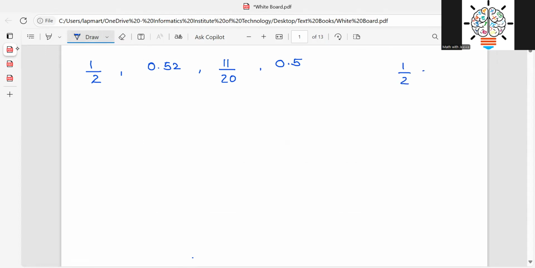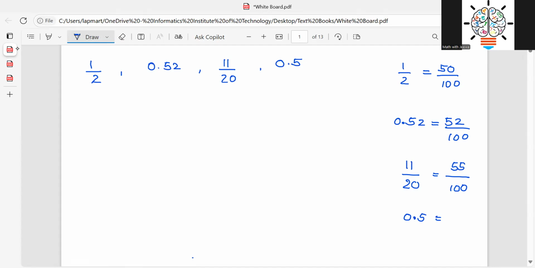1 over 2, I write this as 50 over 100. Okay. Then this 0.52, I write as 52 over 100. And then I have 11 over 20. I convert 20 into 100, so that becomes 55 over 100. Then the last one, you have 0.5. I can write it as 5 over 10, but I can't keep it as 5 over 10.